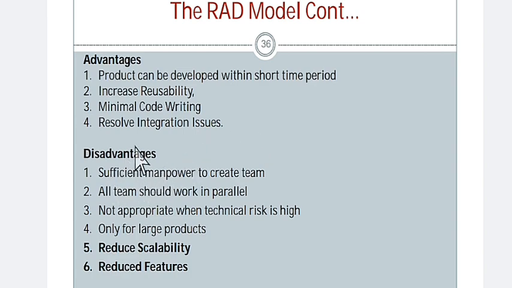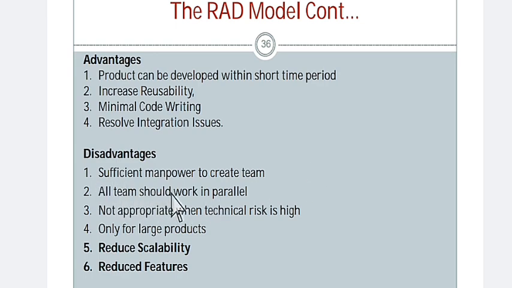Along with these advantages it has some disadvantages also. So what are the disadvantages? Sufficient manpower is needed to create the teams. In this case we require large manpower, because if we create n modules, we require n teams also, and for each team we require a larger amount of manpower.